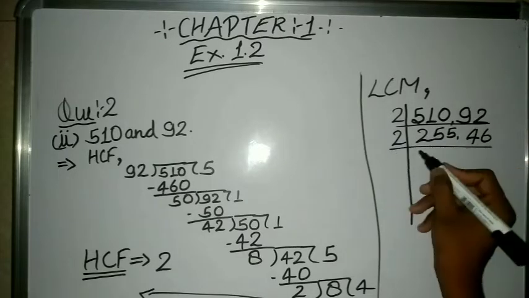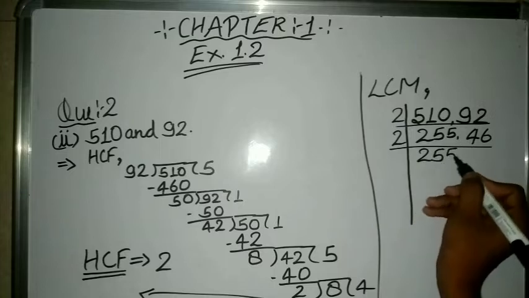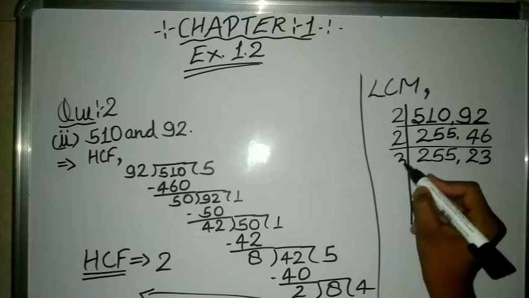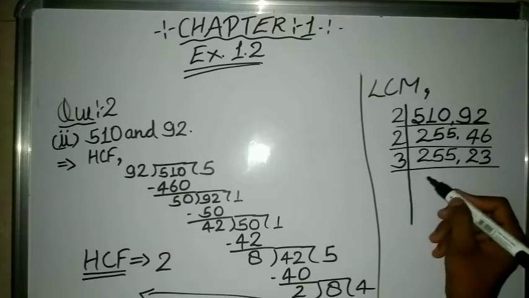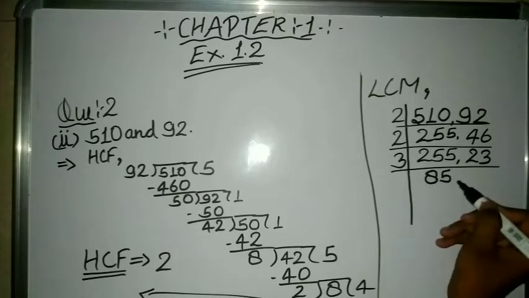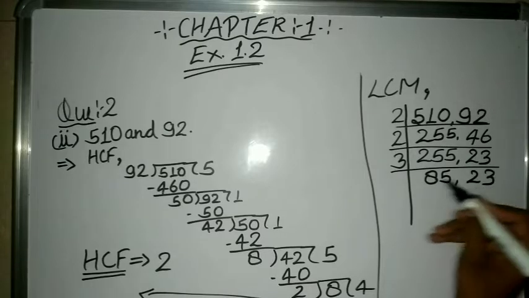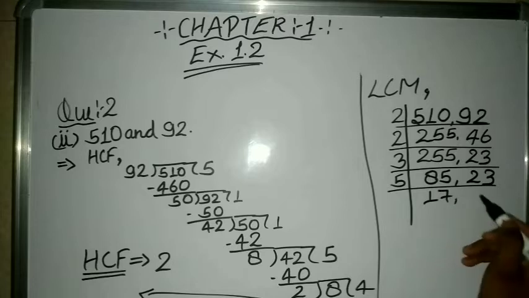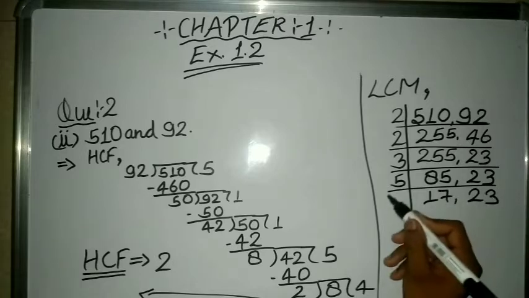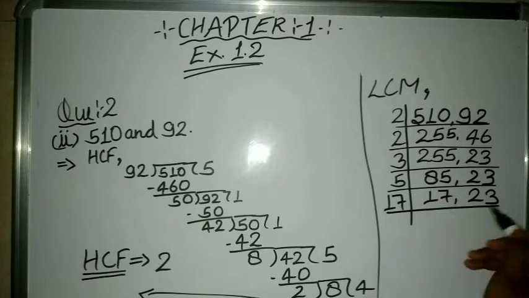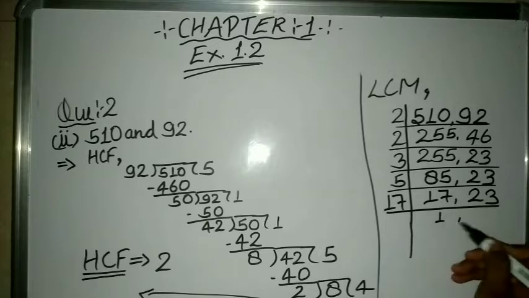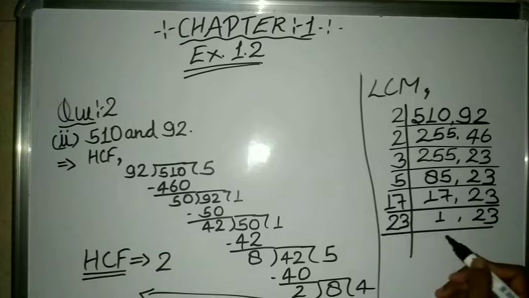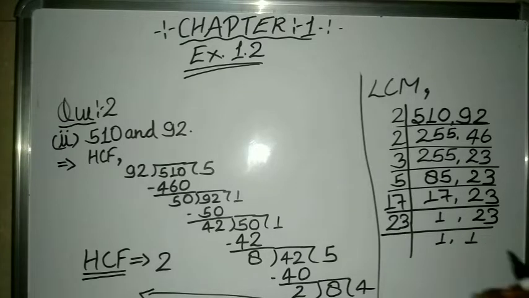Now 255 is divisible by 3, so it becomes 85 and 46. Now by 5, 85 becomes 17, and 23 remains. 17 and 23 are prime, so that is our LCM.